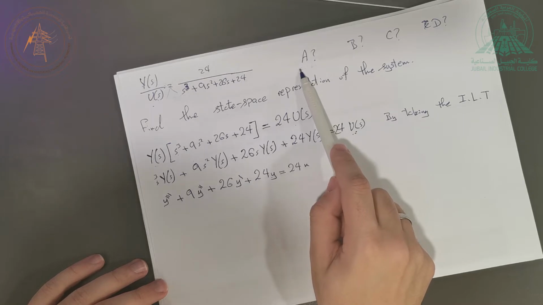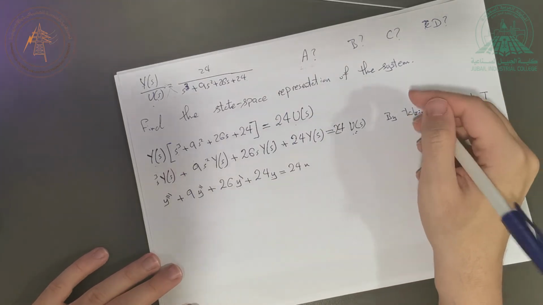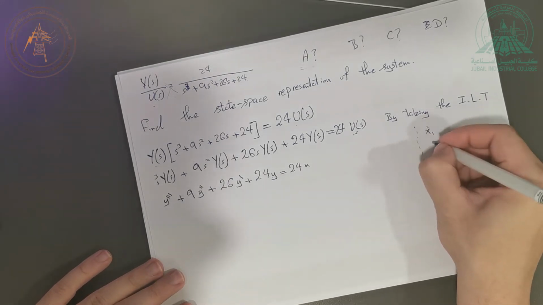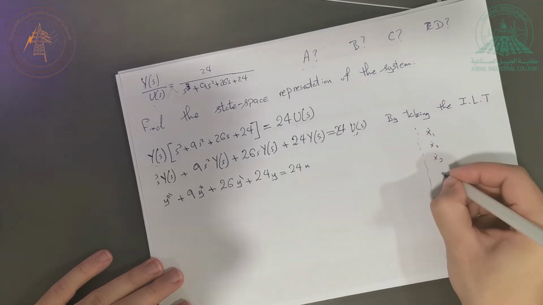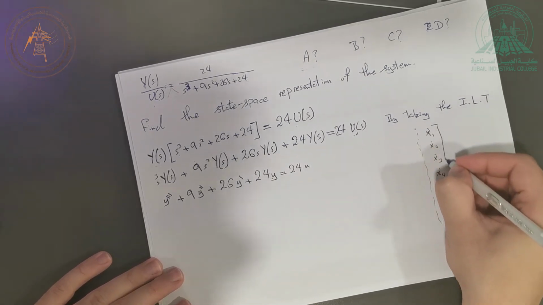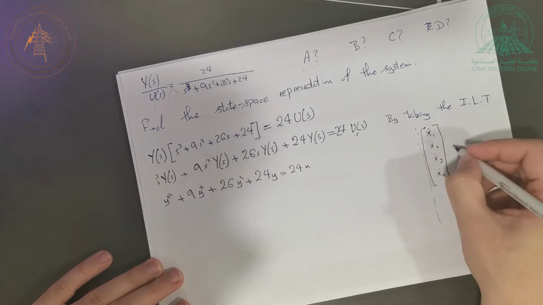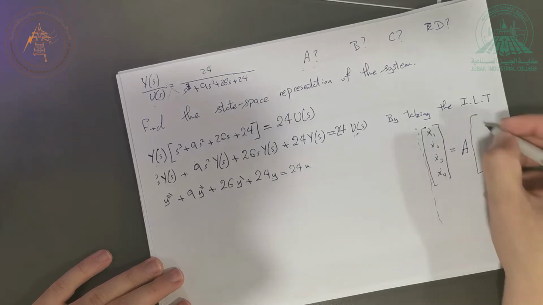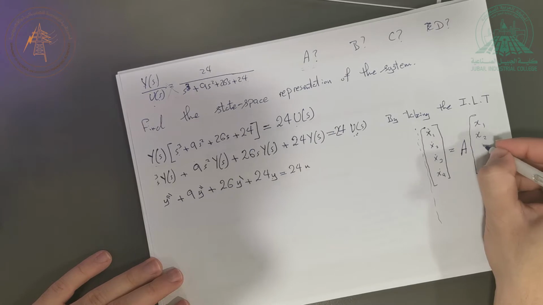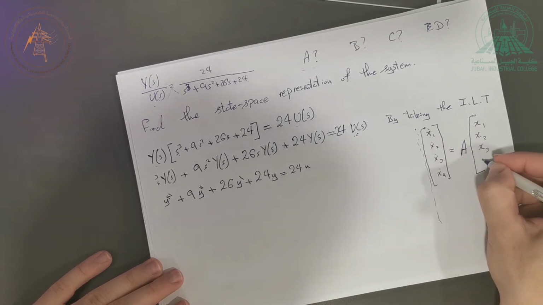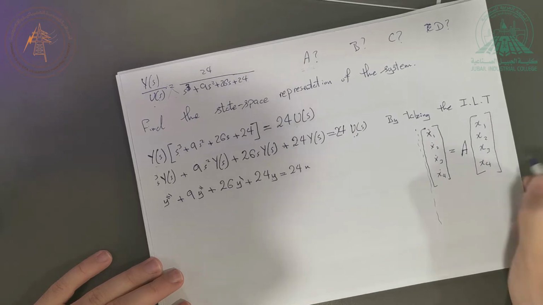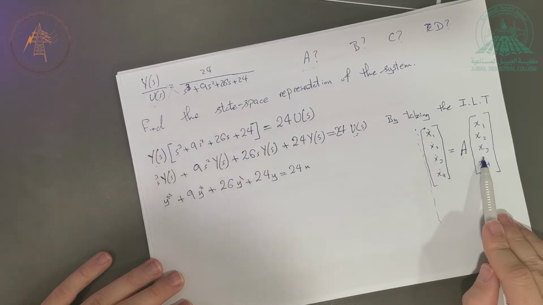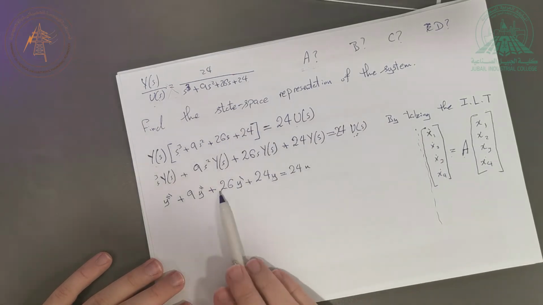And the A matrix, remember, is basically, I have the states like this, and here I have the A matrix, and it's going to be multiplied by the states themselves, right? So in the state space model, we have the derivative of the states equals the A matrix multiplied by the states, right?